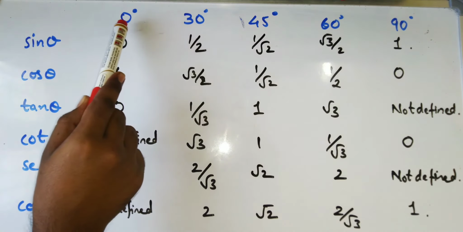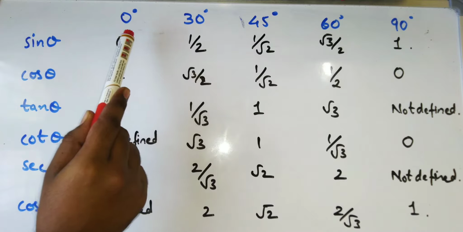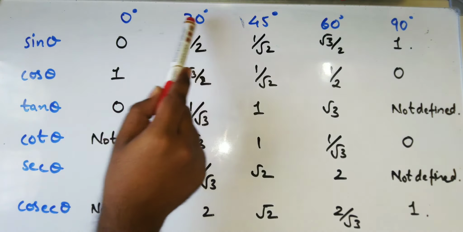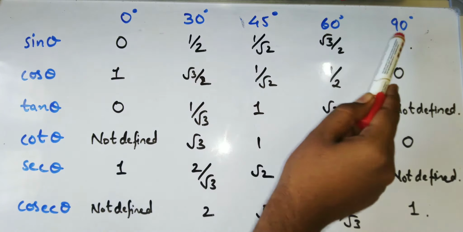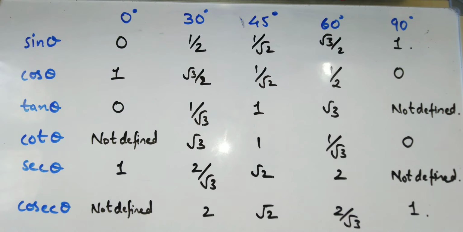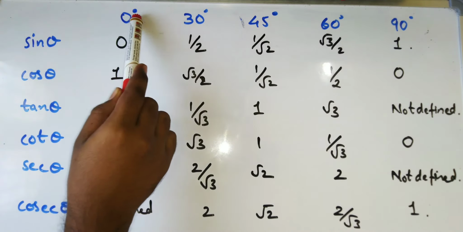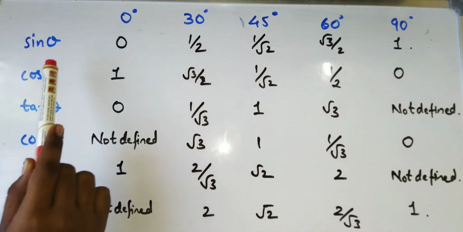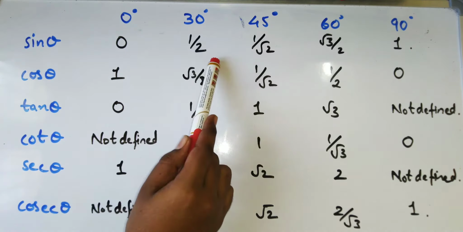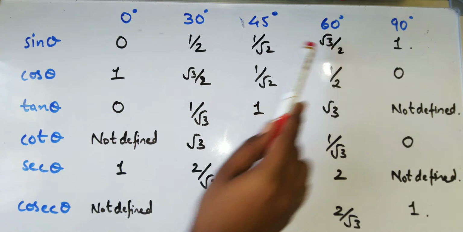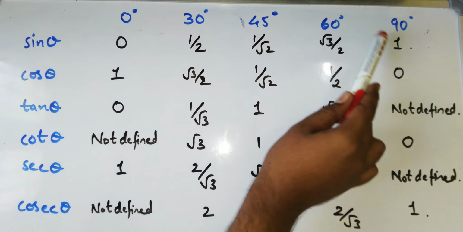These are some standard angles for which we have the values of the trigonometric ratios: 0, 30, 45, 60, 90 degrees. Now the values are given. So sin 0 degree will be 0, sin 30 is 1 by 2, sin 45 is 1 by root 2, sin 60 is root 3 by 2, and sin 90 is 1.